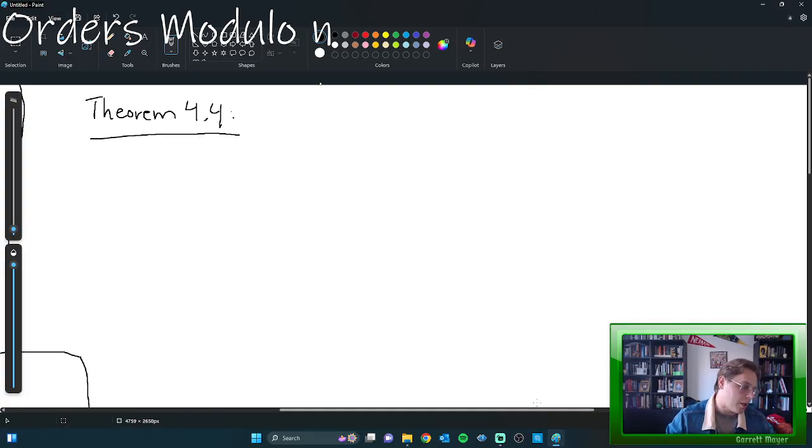And this one is going to have a bit more interesting of a proof than the last two. The last two were really just heavily reliant on that linear congruences theorem that we proved. But let a and n be natural numbers.